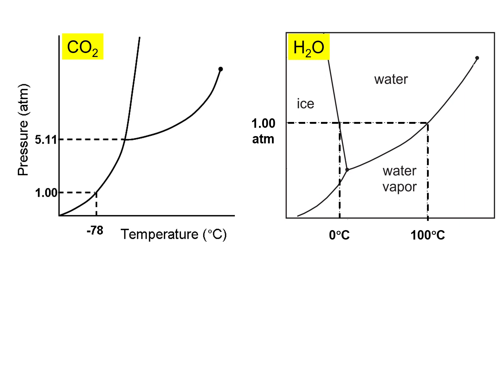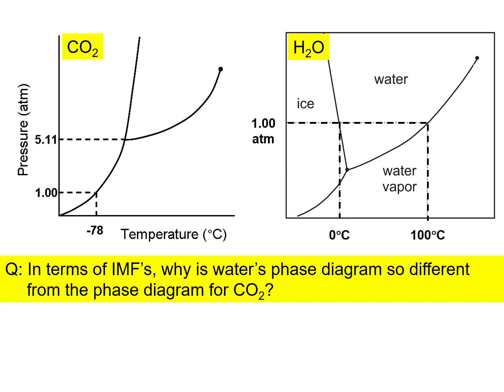So here we have a comparison between carbon dioxide and water's phase diagrams. And so the question would be, in terms of intermolecular forces, why is water's phase diagram so different from the phase diagram for CO2? And it might look just kind of superficially as though they are the same, because you got the same regions.